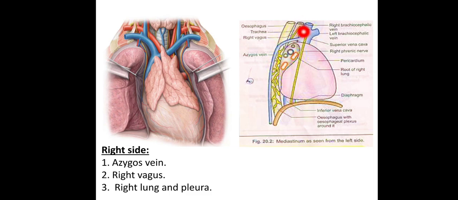You can see in this diagram, this is the trachea, and just right side of the trachea you can see right vagus, and azygous vein, and also right lung and related pleura here.